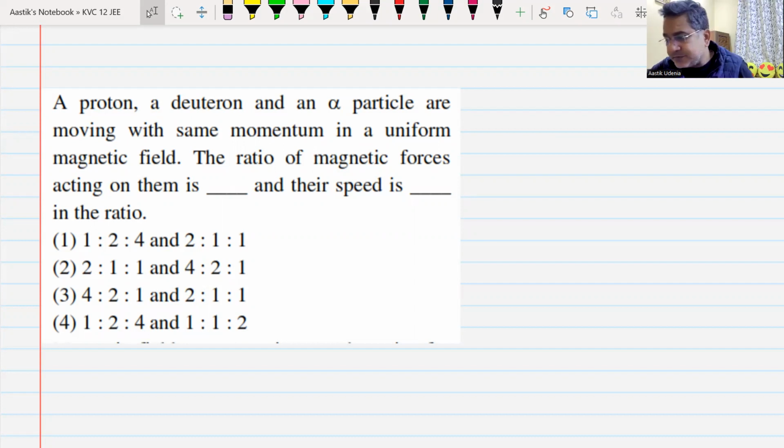They are proton, neutron, and alpha particle. If I call the mass of a proton as m, what will be the mass of a neutron?